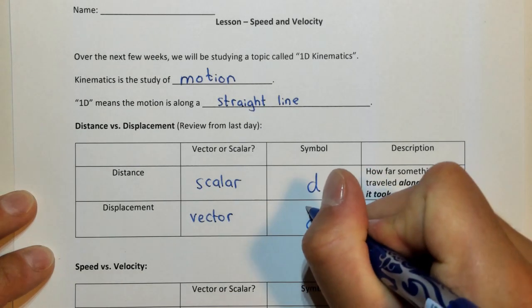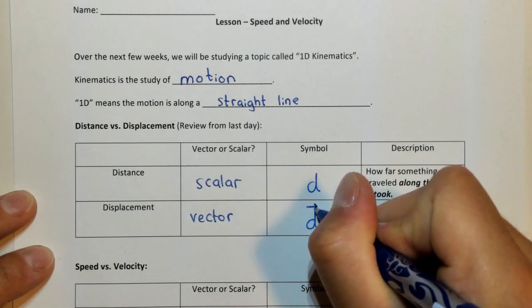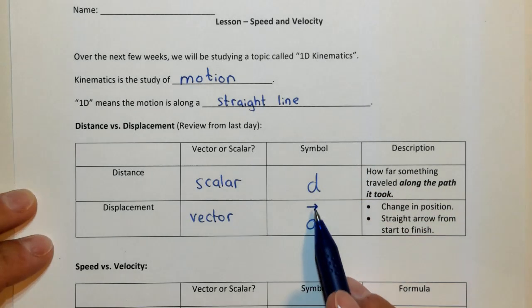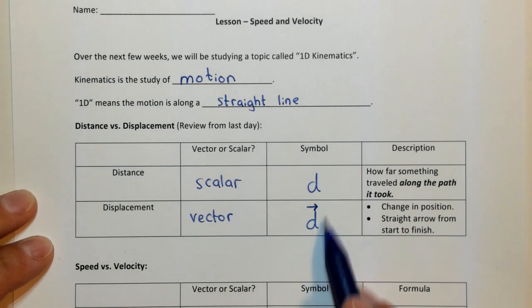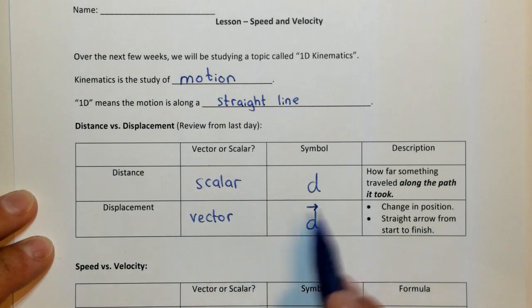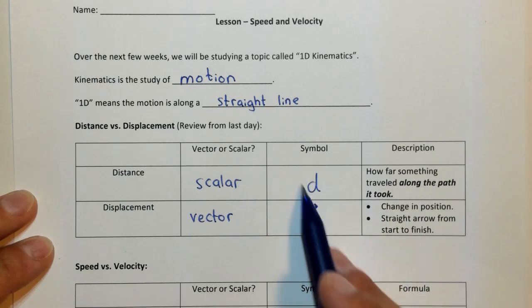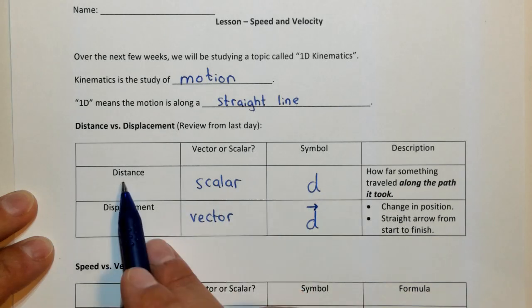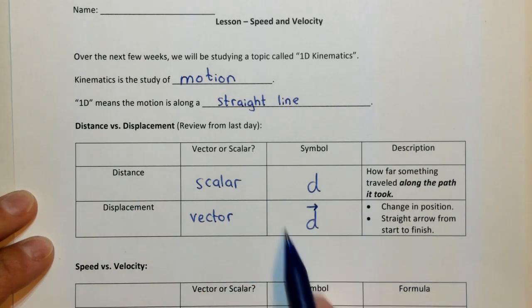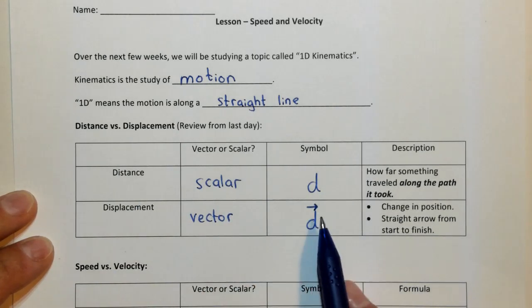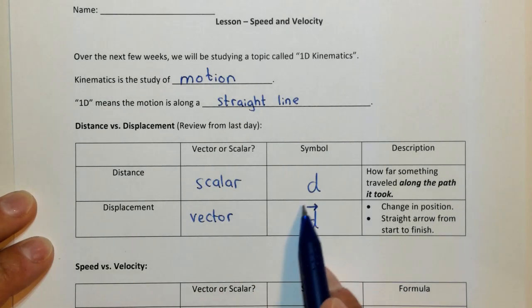So I'm going to put a little arrow over top of this D. That arrow reminds me that this displacement is a vector. It has not just magnitude, but also direction. So if you see D without an arrow, that means we're talking about D the scalar, which is going to be distance. If you see D with an arrow, that means we're talking about D the vector, and that's displacement. This arrow is called a vector hat.